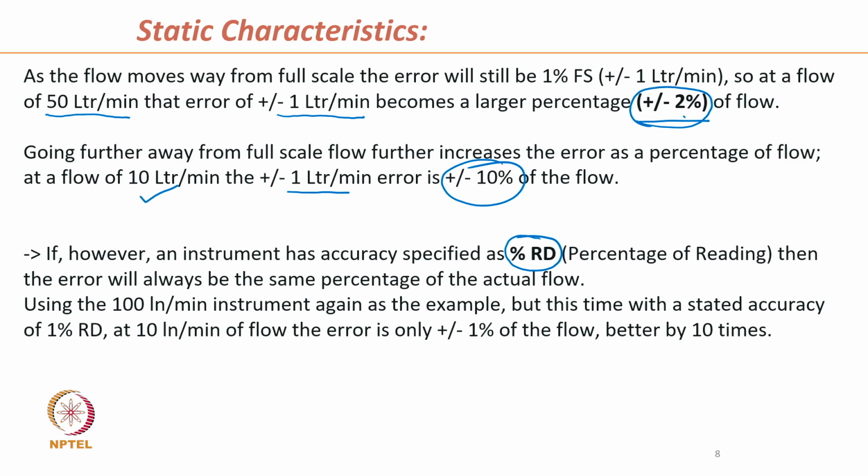So, for example, if we express this error in terms of percentage RD, then 100 liter per minute has an error of 1%, which means 1 liter, but when the flow reduces to 10 liter, the error is only 1% of 10 liter, which is quite less error compared to what we have shown in the full scale case.